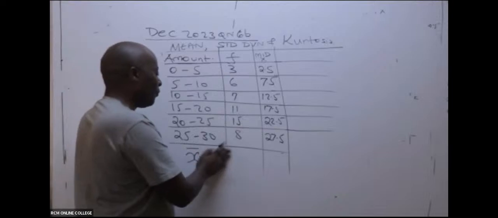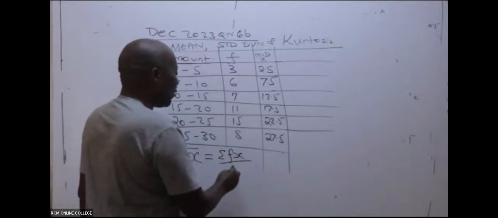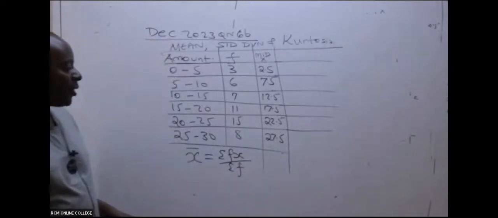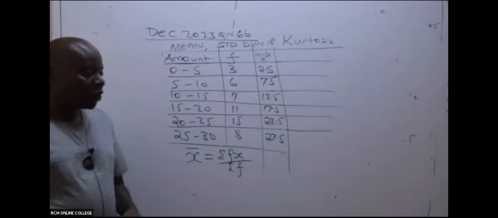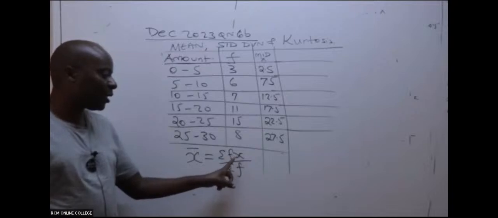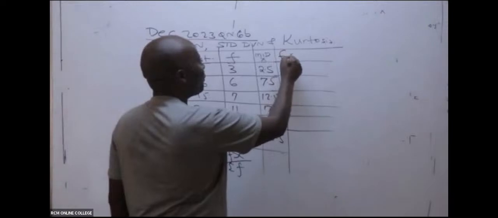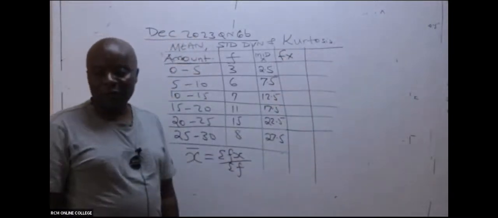So x bar for grouped data is the sum of fx over the sum of f. First we multiply f and x, so create a column there for fx.